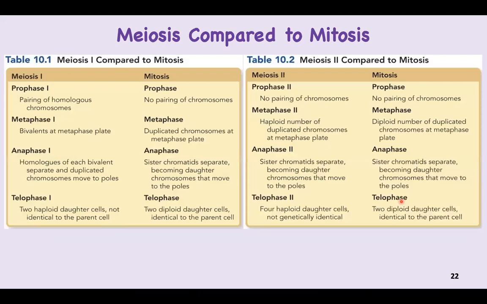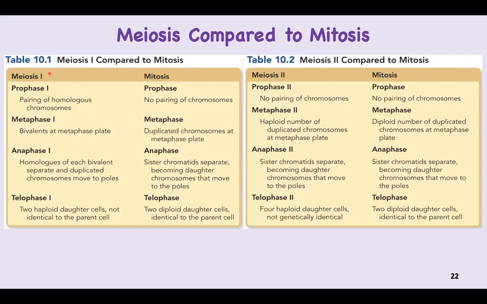So this is the overall table, which you can refer to on page 175. It compares meiosis 1 to mitosis and also meiosis 2 to mitosis. Meiosis 1 is more or less like before, but we repeat it.